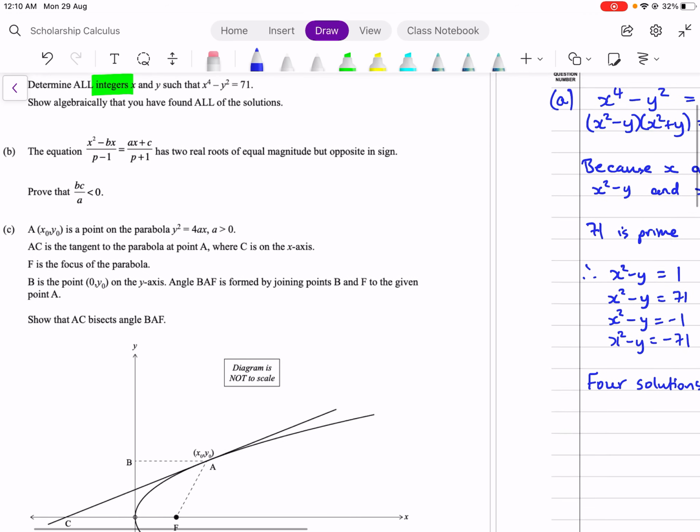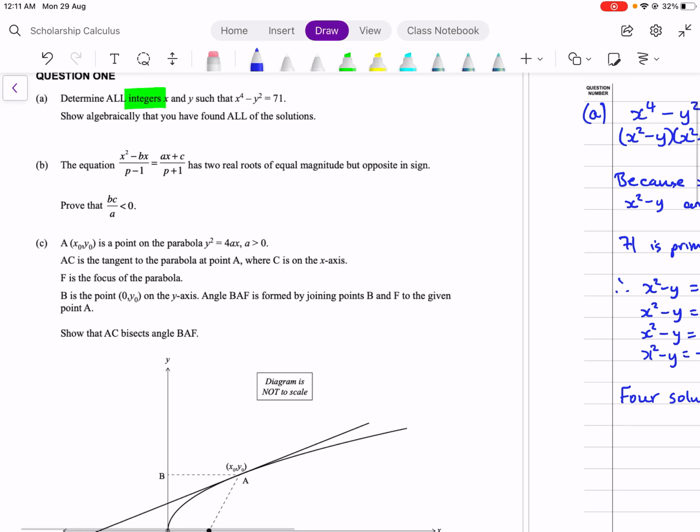Okay, second question. We've got an equation. We're told it's got two real roots, equal magnitude, but opposite in sign. So if one of the roots is, I don't know, alpha, the other one's minus alpha.